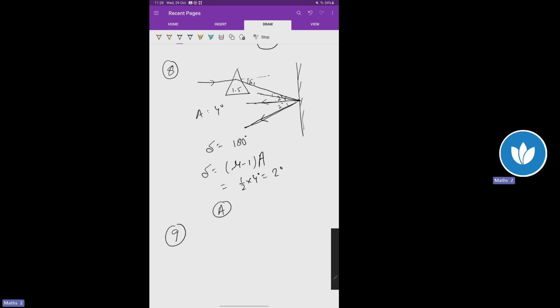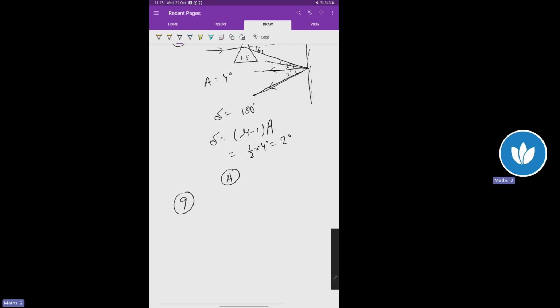Question number 9. An object is placed at A. OA is greater than F, where F is the focal length of the lens. The image is formed at B. A perpendicular is erected at O and C is chosen such that BCA is 90 degree.